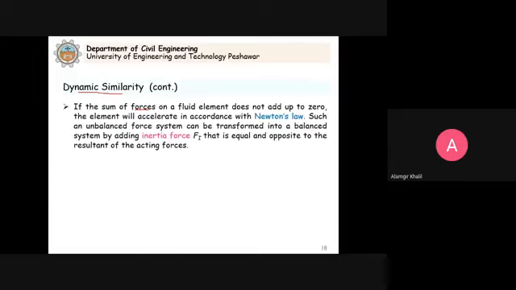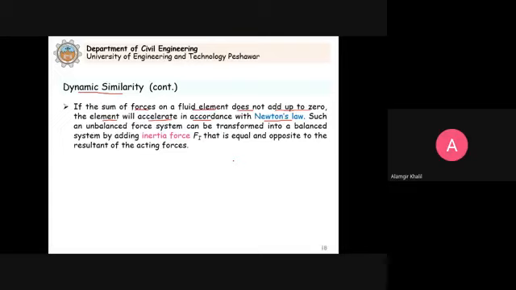So if the sum of forces on a fluid element does not add up to zero, the element will accelerate in accordance with Newton's law. This is what you studied in mechanics, that the sum of the forces on a body should be equal to zero.